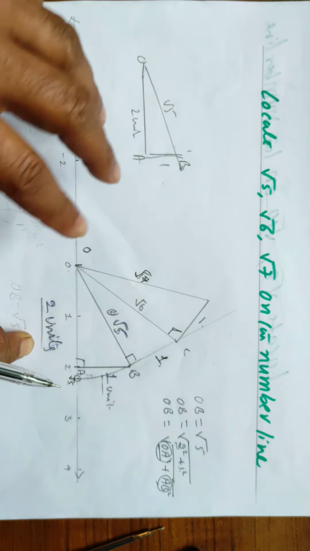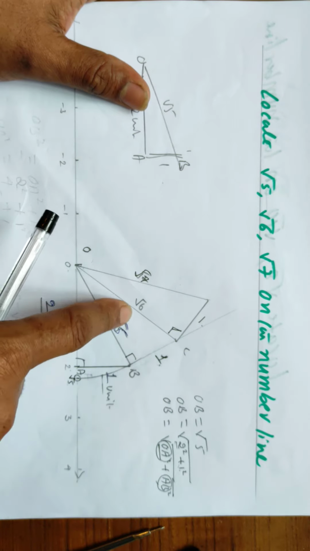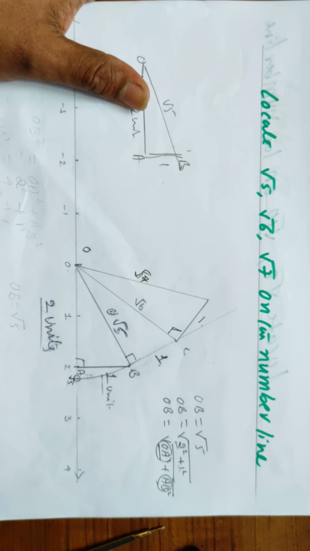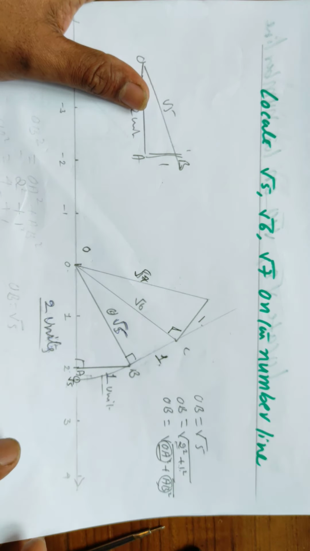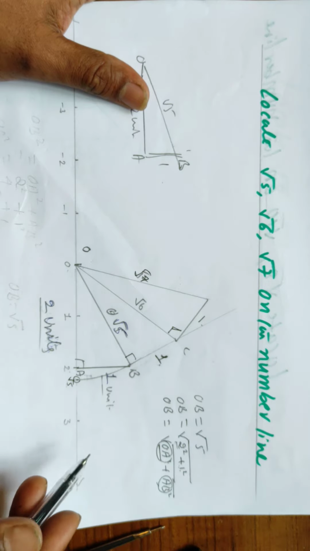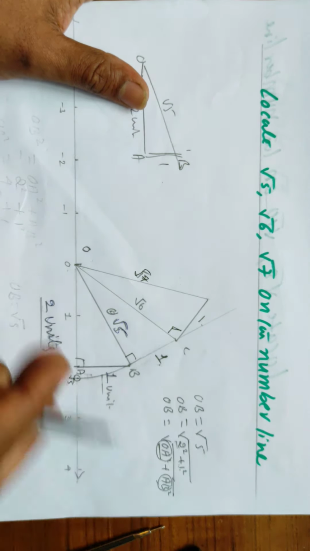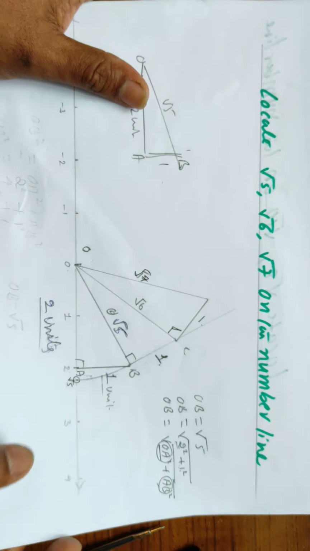Okay, so whenever you are asked to construct root 8, no need to start from root 5, root 6 and root 7. So to locate root 8, root 9, that is root 9 is rational number only, root 10, root 11, you can directly start from root 8.